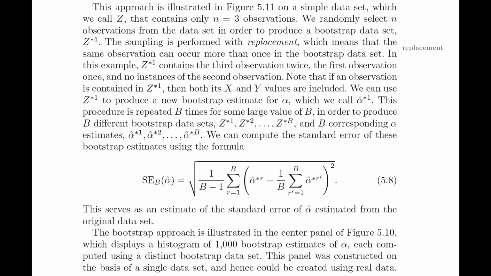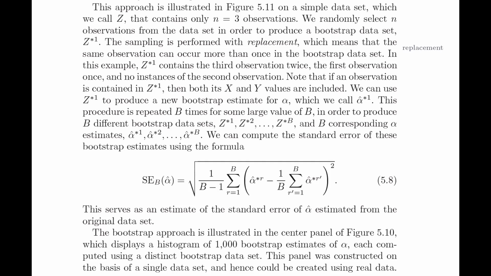In this example, Z asterisk 1 contains the third observation twice, the first observation once, and no instances of the second observation.